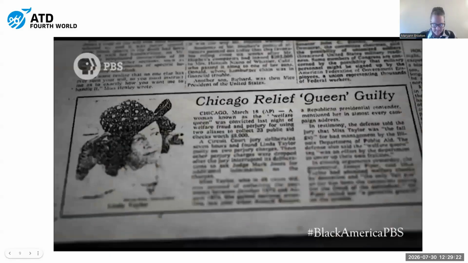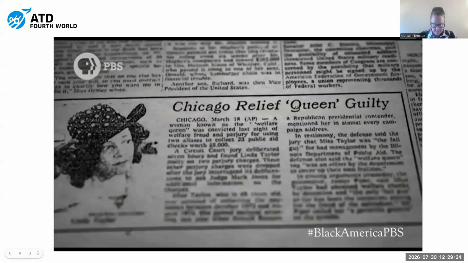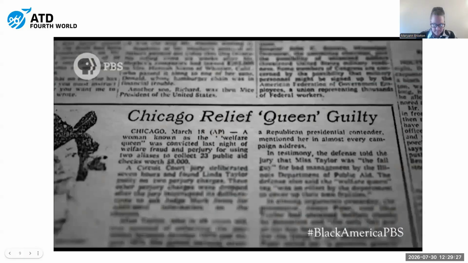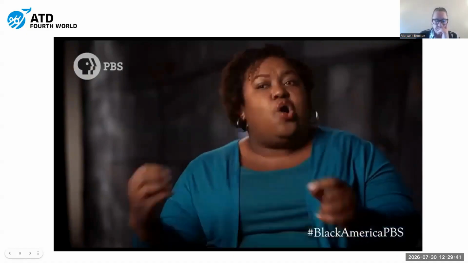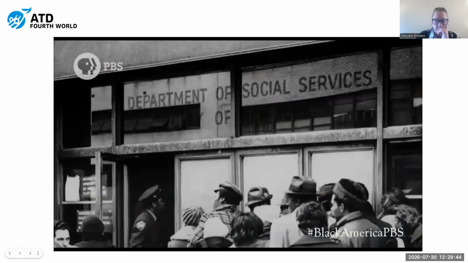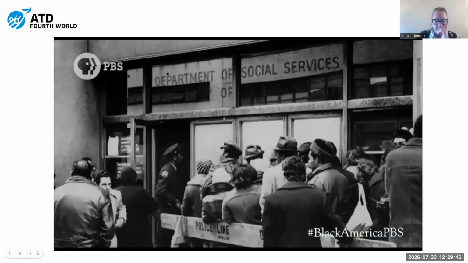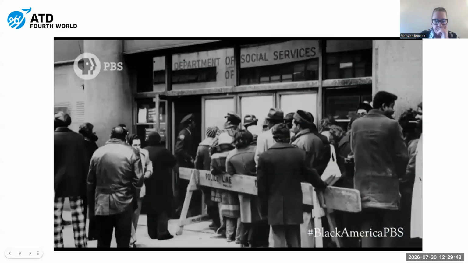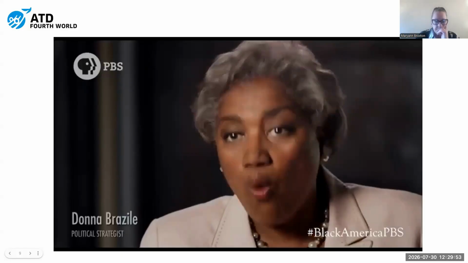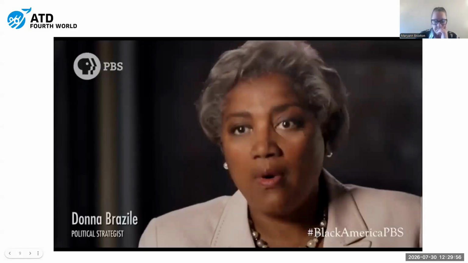Taylor was a con artist and not at all representative of the typical welfare recipient. The welfare queen image is a manufacture of Ronald Reagan and the Republican Party using only one story from Chicago in the 1970s of one woman who scammed something from the system, and it's not entirely clear all that she scammed. There's this notion that 99% of the welfare money in this society is going to Black and Hispanics. It's wrong, it's bogus, because the majority of people on welfare are white. The majority of people on food stamps are white.